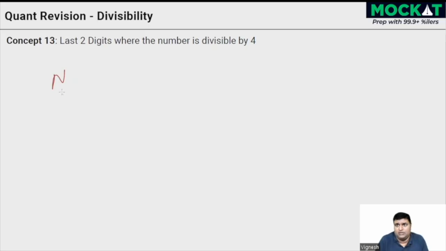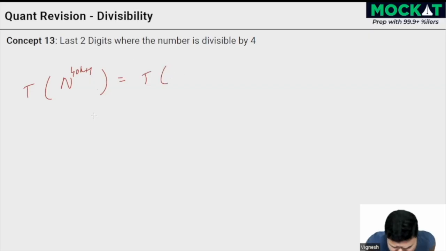If you take a number that is itself divisible by 4, and you raise it to some power, the concept is simple. The number to the power 40k plus 1, when you look at the last two digits, is going to be the last two digits of the number itself.